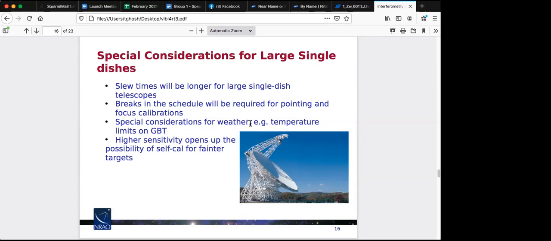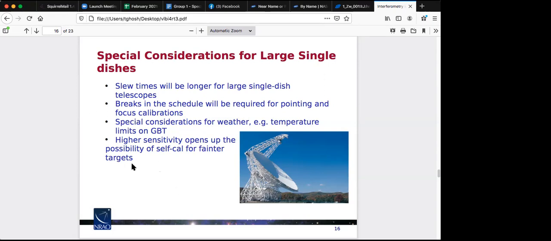So in that case, slewing between a calibrator source and your target source might not happen as fast as you expect. So the scheduling program for VLBI has all of those factored into it. For GBT, if you are scheduled during the cold months, you use a different name. You say GBT cold instead of just GBT VLBA. So that will incorporate the slew rate and give you the right estimated scan time, etc. So those things have to be kept in mind.